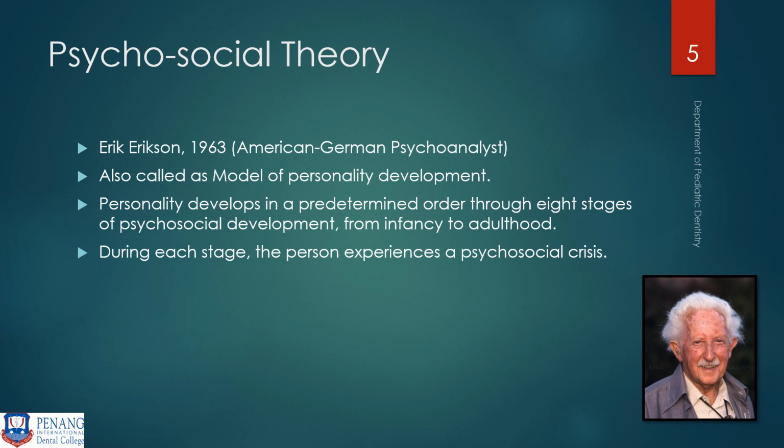Dr. Erikson said that at each stage, the person faces a psychosocial crisis, which defines how the person's personality will develop. If the psychosocial crisis is successfully resolved, the person goes ahead into the next stage, and then ultimately completes all the stages. So let's see what those 8 stages are in a nutshell.